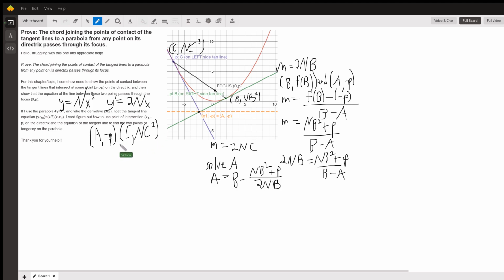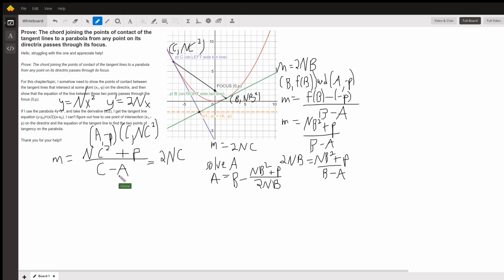And so this slope is going to end up being nc squared minus a negative p over b minus a. And again, this needs to equal the slope that you get for the tangent line.